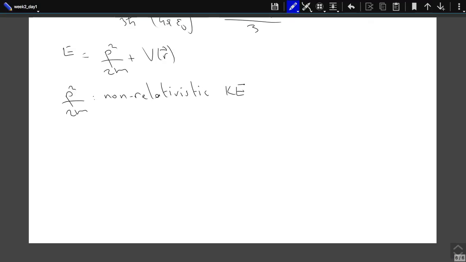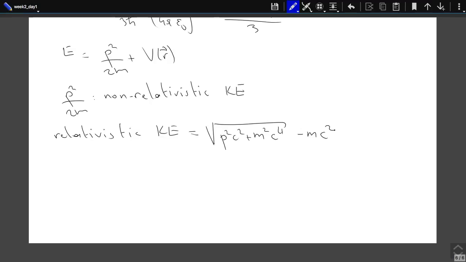kinetic energy. But it's possible that the electron might be rotating quite fast, so we should be adding relativistic corrections to it. Now the exact relativistic kinetic energy is square root of p squared c squared plus m squared c to the 4, minus m c squared. So the square root is Einstein's energy relation, and m c squared is the rest mass.